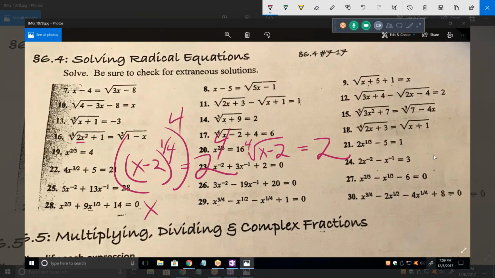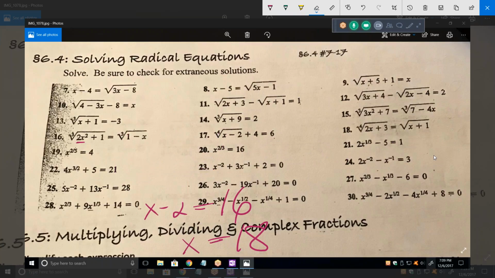So I'm left with x minus 2 equals 16, which means x equals 18. If you look at x equaling 18, then you're taking the fourth root of 16, which is 2, plus 4 equals 6. Again, you have to go back to the original equation to test it.